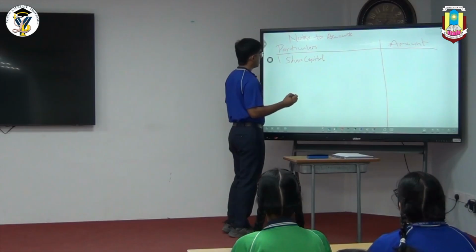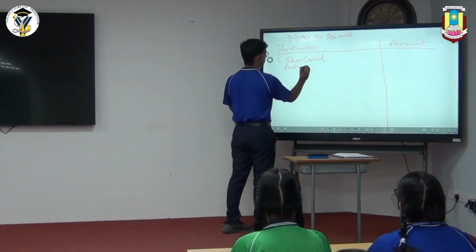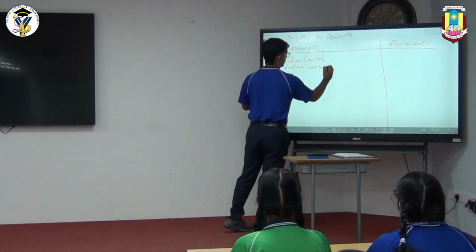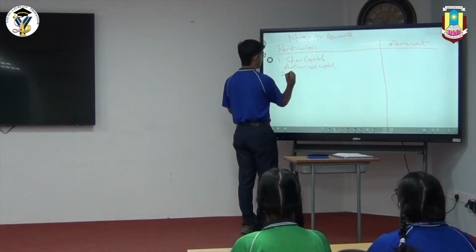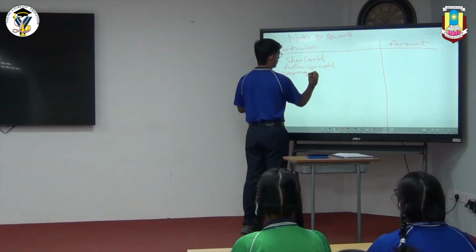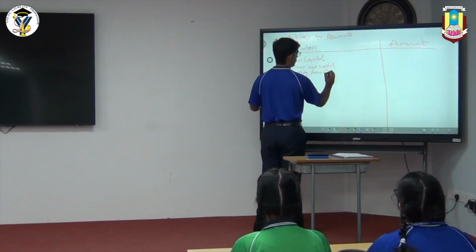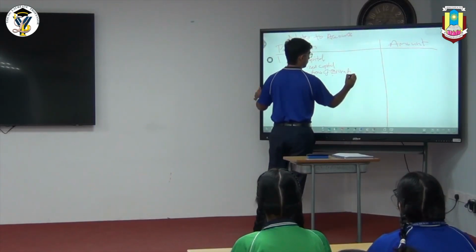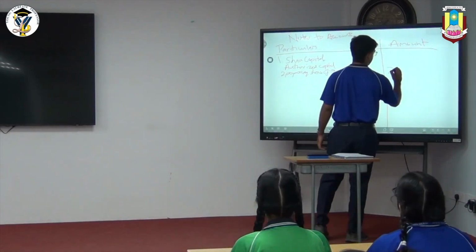Now, first comes the authorized capital. They have authorized 2 lakh equity shares of rupees 10 each. That is 20 lakhs.